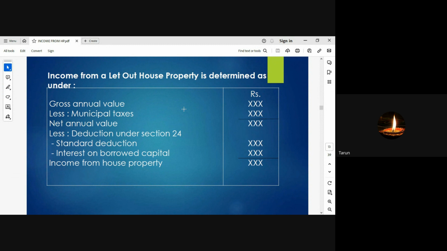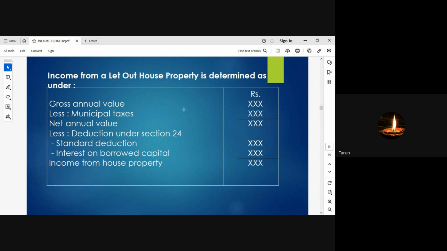Then you deduct the municipal taxes, which are a fixed tax by the local authority, 10% or 20% depending upon the case. If you deduct the municipal taxes from the gross annual value, you get the net annual value.